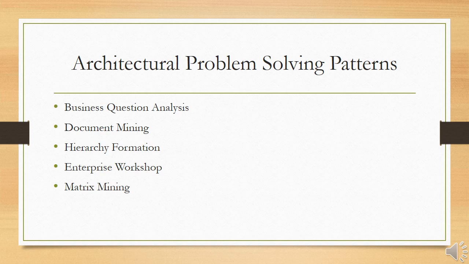Architectural problem solving patterns. People have been applying the Zachman framework pervasively since its public release 2 decades ago. An early method documented by Stephen Spewak in the classic book Enterprise Architecture Planning explained how to populate the first few rows with models.